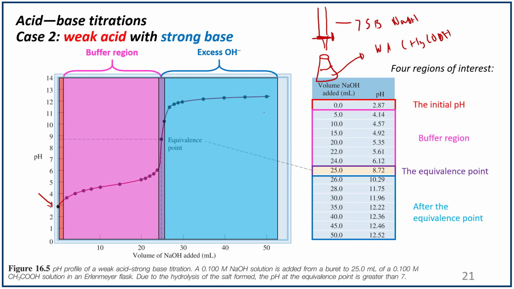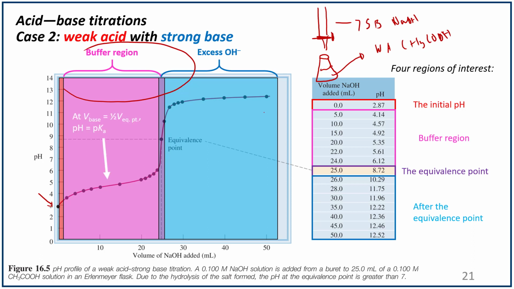Now, before we forget, looking back at this second region of interest, which is a region wherein we actually have a buffer, one more specific region of interest for the buffer region will be the pH at half the equivalence point.